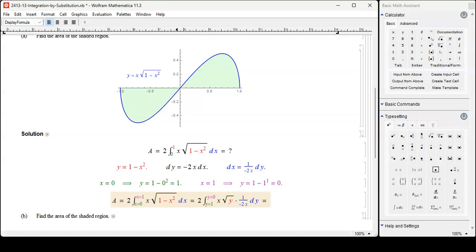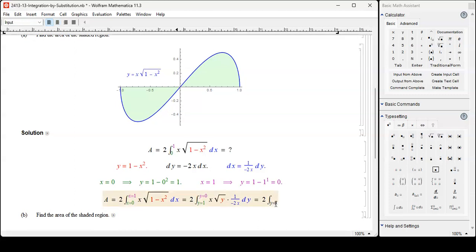Okay, all right. So this is twice the integral. y is going from 1 to 0. And then we have x canceling out, 1 over -2, and square root of y, or y to the 1/2 power, dy.